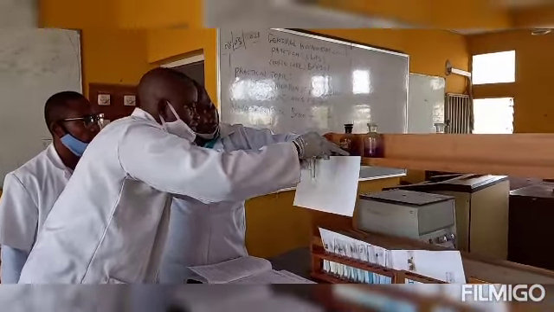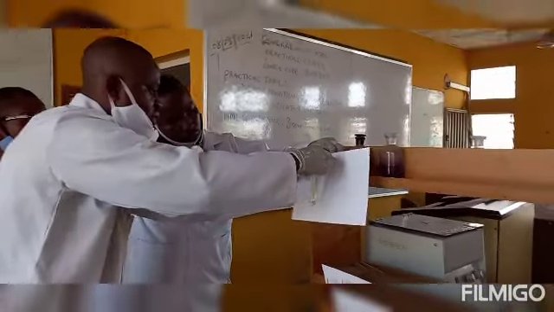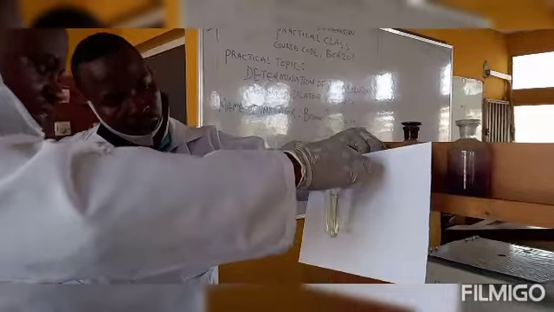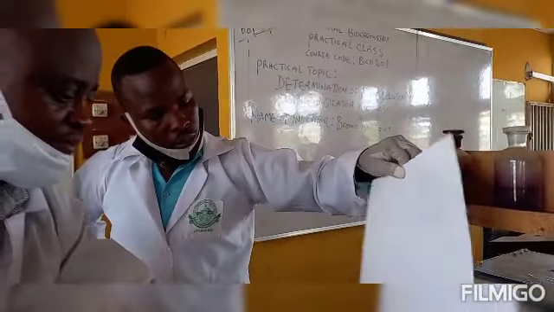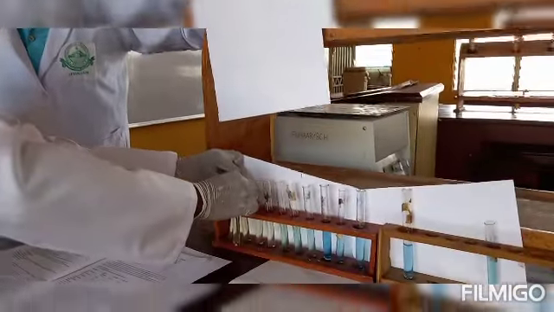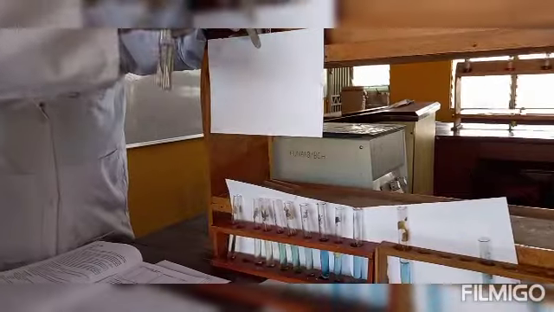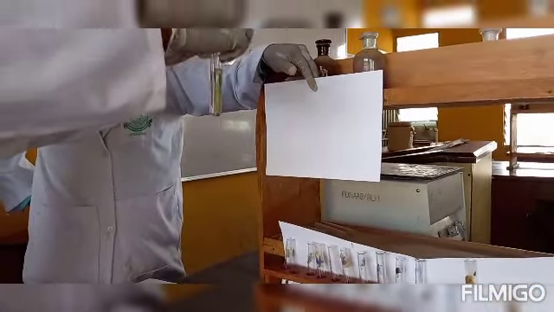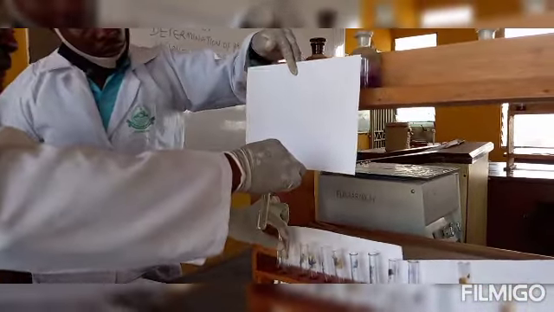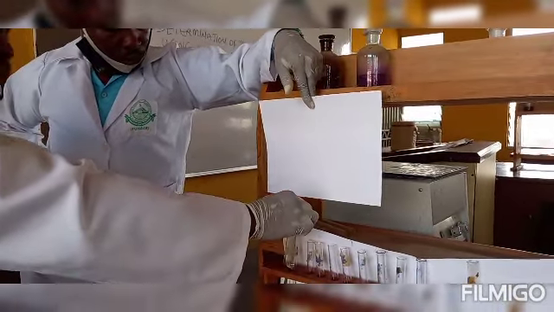Looking at this, the color of this urine sample is very close to this one, but a little bit thicker than that of the standard. Then we move to the next one. Can you see? It's almost the same color as test tube 2.